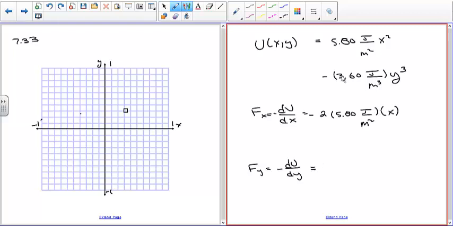And then when you do the y, this negative sign will cancel out that negative sign. And then you'll have the exponent 3 when you take the derivative: 3 times 3.60 joules per meter cubed times y squared. Again, this gets treated as a constant when you take the derivative with respect to y.